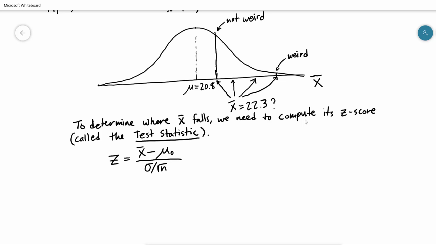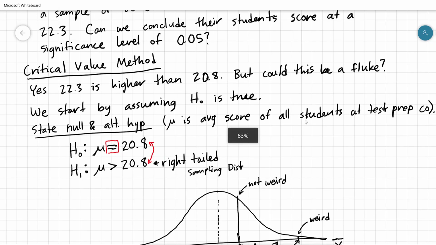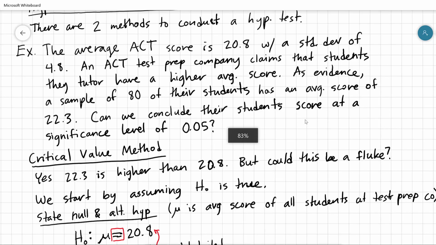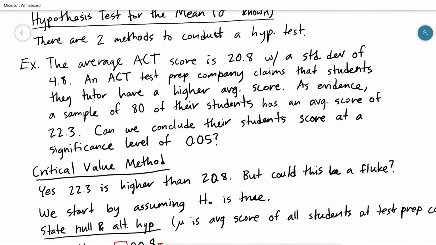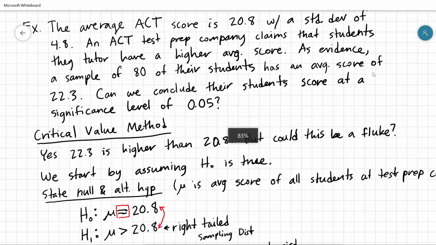When we plug in the numbers, x bar is 22.3, I subtract off the average, 20.8, and divide by sigma over the square root of n. Sigma was given in the problem, somewhere up here: the standard deviation, right here, 4.8. And the sample size was 80, so there's my sigma and my n.